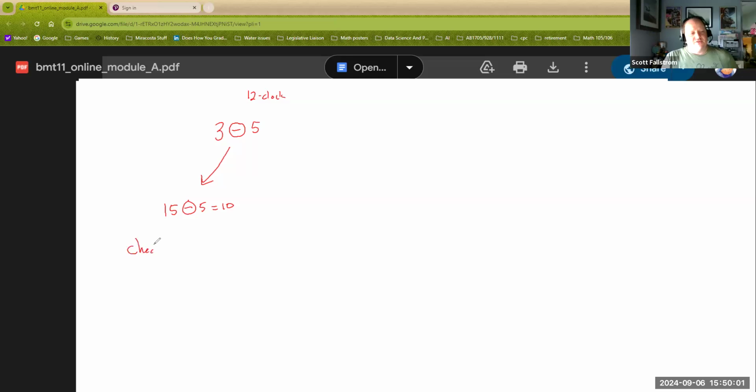If you want to check yourself, you would say 10 plus 5 is supposed to give me 3, and 10 plus 5 is 15, and 15 is equivalent to 3 in a mod 12 or a 12 clock situation.